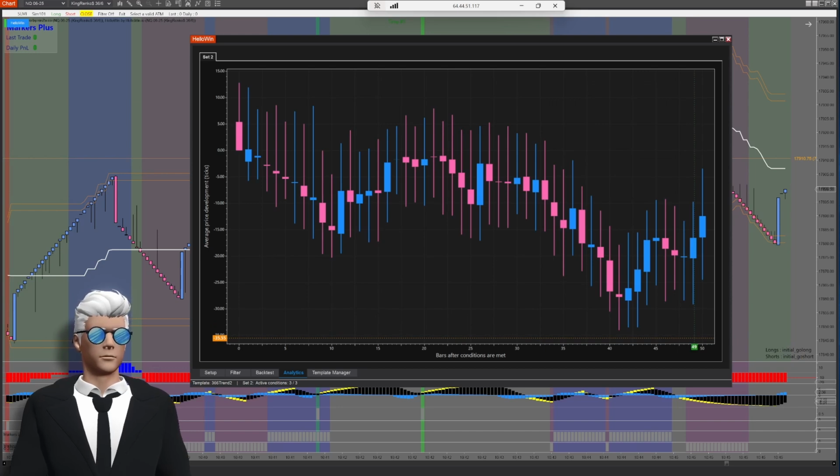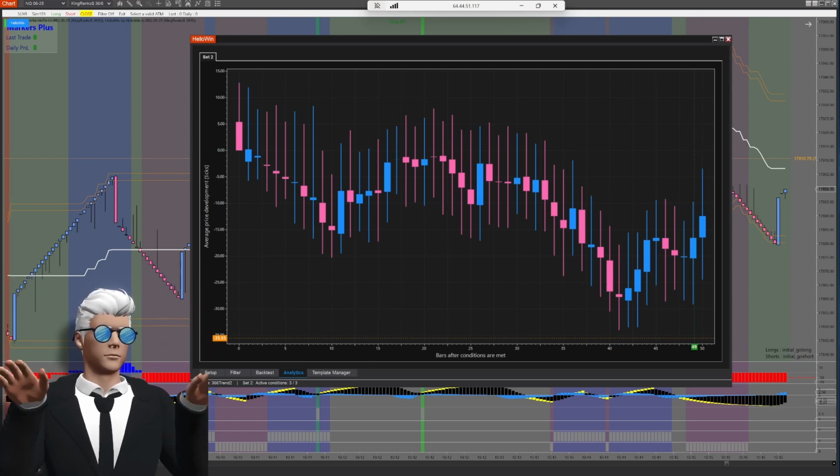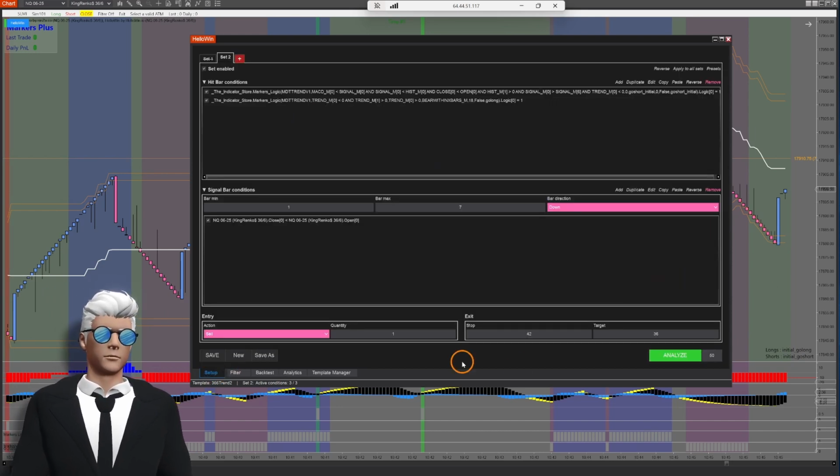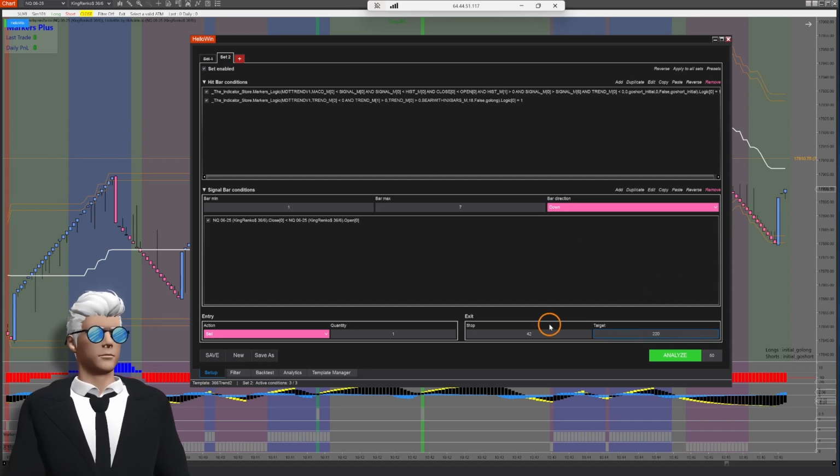That's, let's see, 40 times 6. That's 240 ticks. So just for giggles, we could say let's do 220 and let's shoot this to 50. And we could say 42. Let's see what happens.